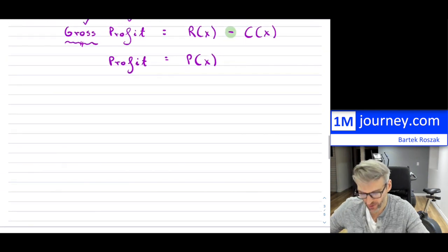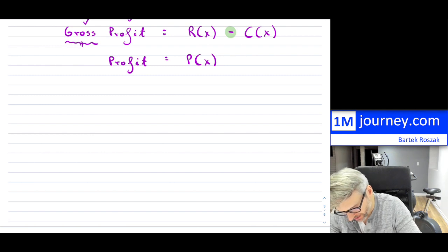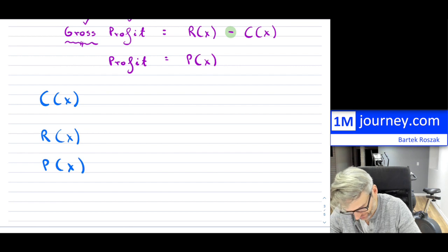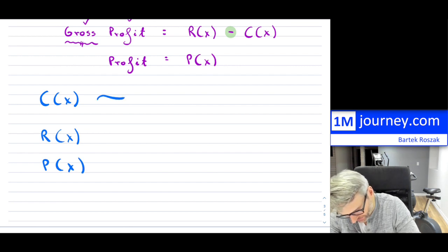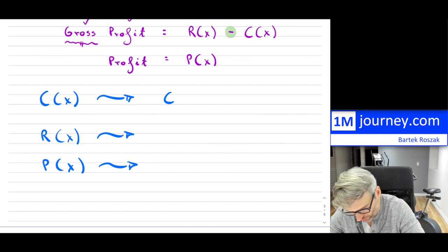What we have described is a cost function, a revenue function, and a gross profit function. When you're studying calculus, you know that you can take the derivative of all of these. So we can get the derivatives right here.